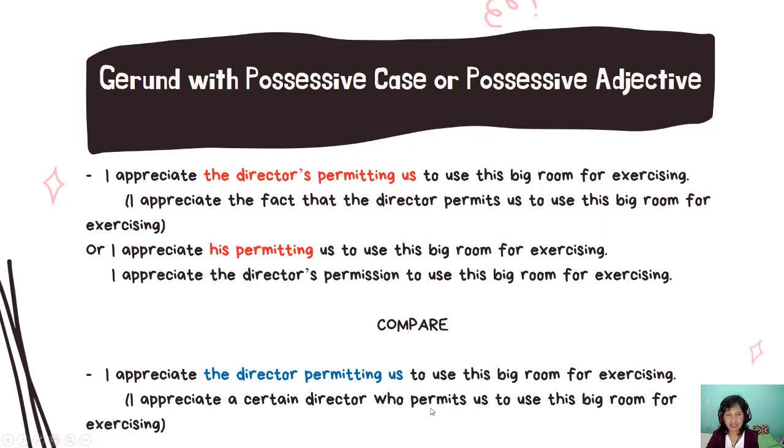So what is appreciated is different. In this sentence, what is appreciated is the fact that the director permits. But in this sentence, what is appreciated is the director who permits us. That's why if you forget about this apostrophe, your sentence will be different. The meaning will be different.